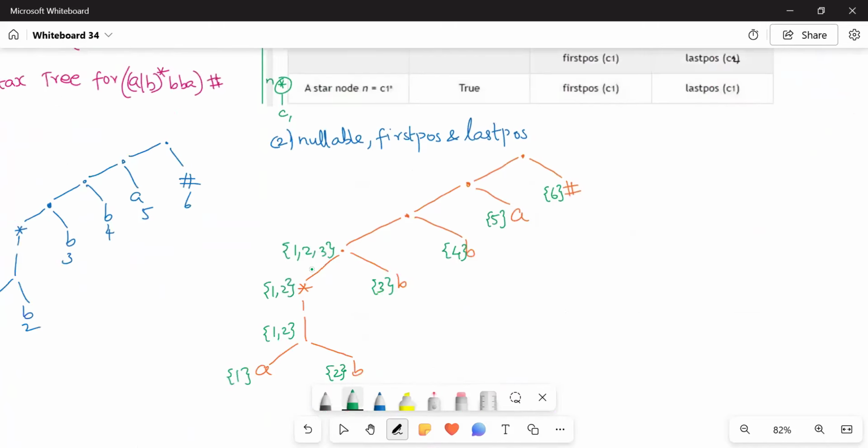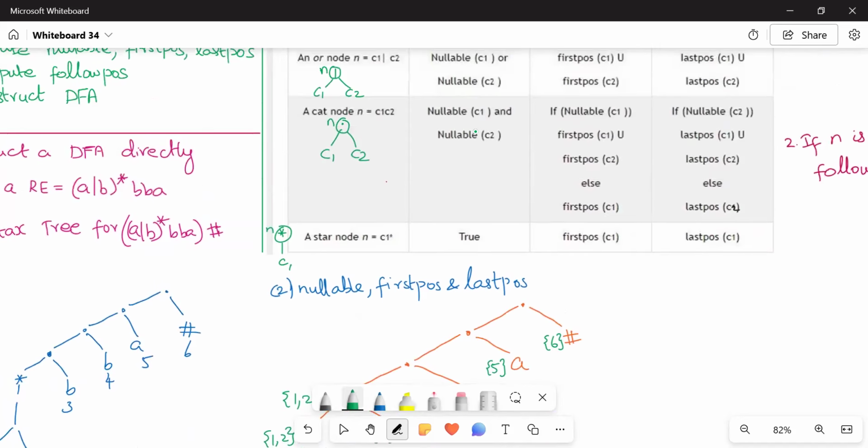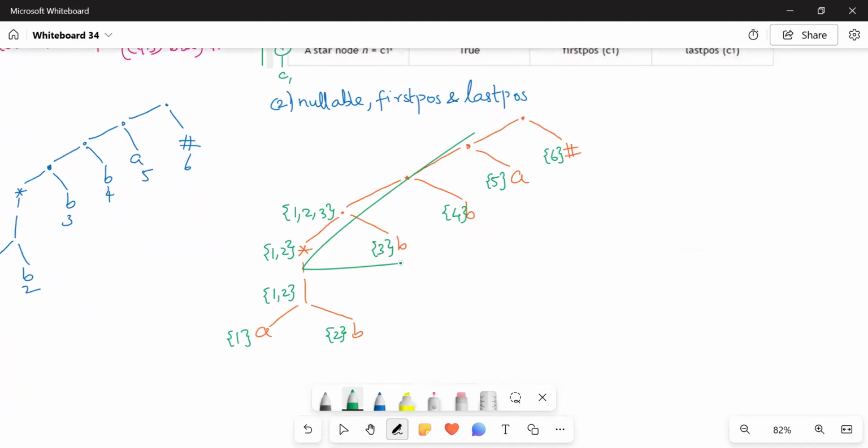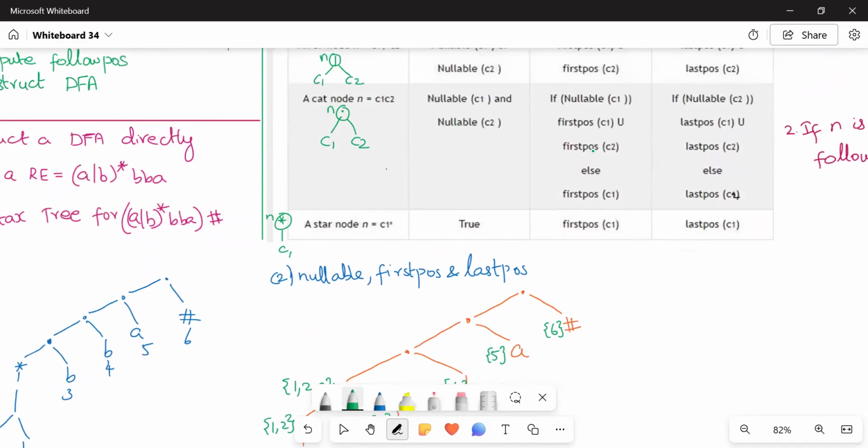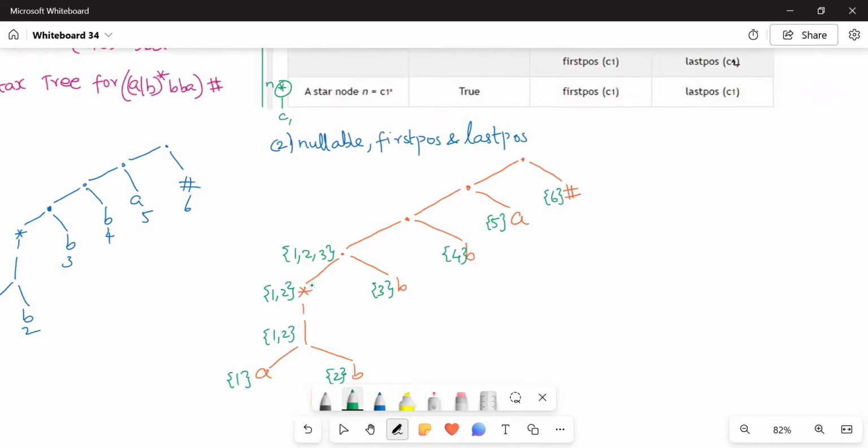So C1 is nullable, but C2 is not nullable. As per the and condition, both must be true, but here both are not true. One is true, but C2 is not true. So nullable of C1 is false. Nullable of C1 is false means what is first position of the node N? First position of C1 alone. C1 is this one, so we have to write 1, 2, 3.